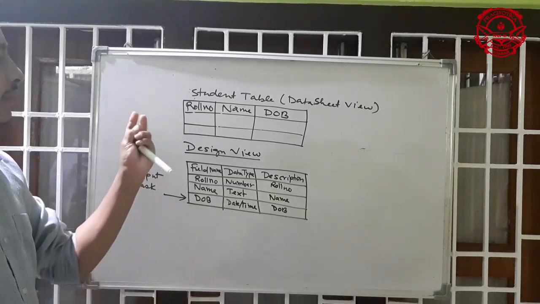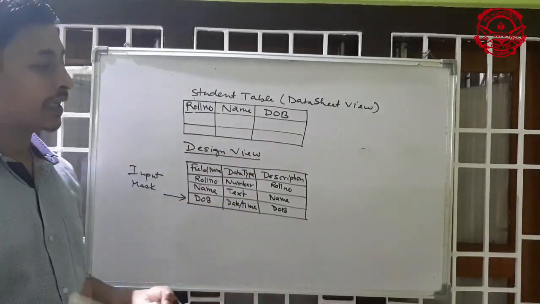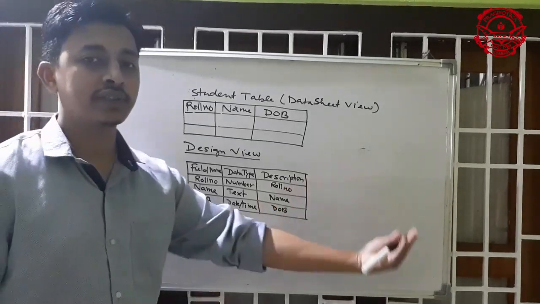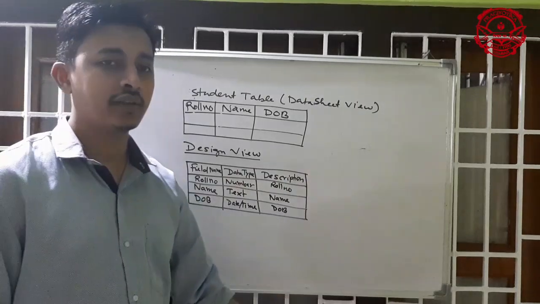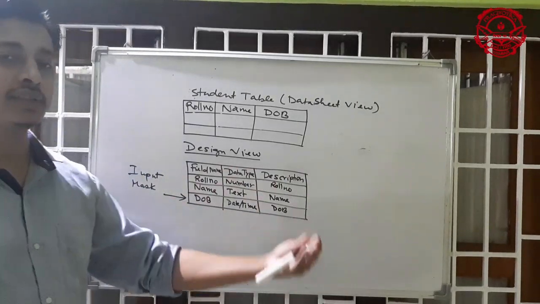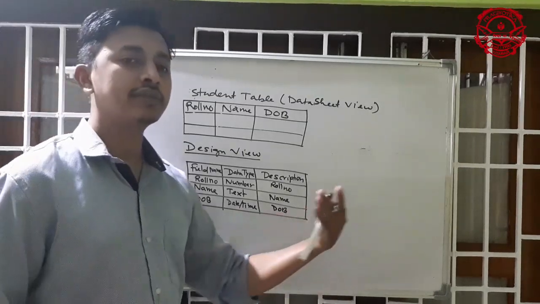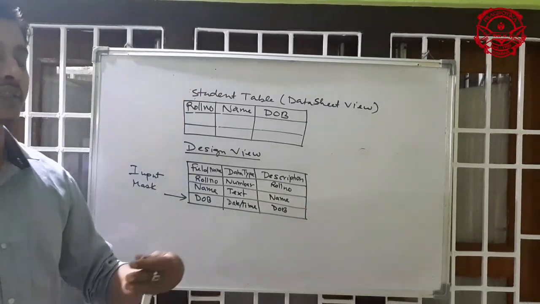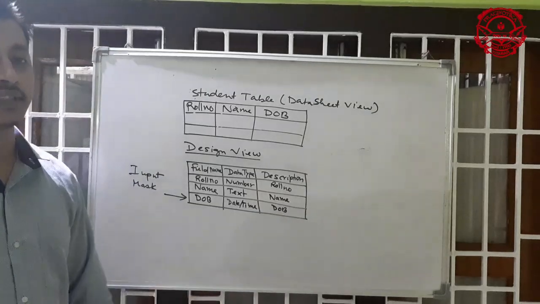For example, when in datasheet view you enter the date of birth, it should come first the date, after that the month, and after that the year. Or for example, first the month, say April, and after that the date, say 12, and the year 2010. So in this way you want to create it.